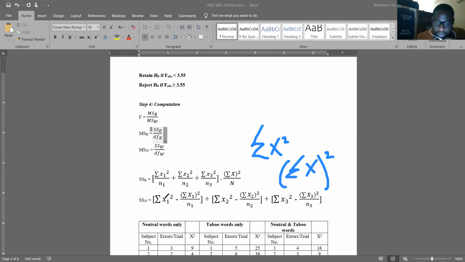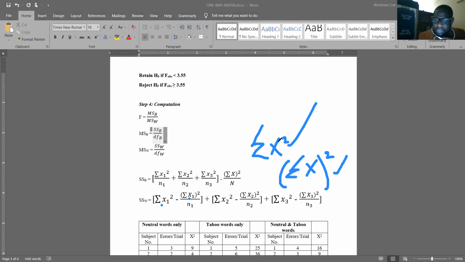So this implies that they wanted us to solve for this one. Then when you see this, it implies that they want us to solve for this for all the 3 groups. That's what we have to do. And we've already solved these things, or you know how to solve these things.